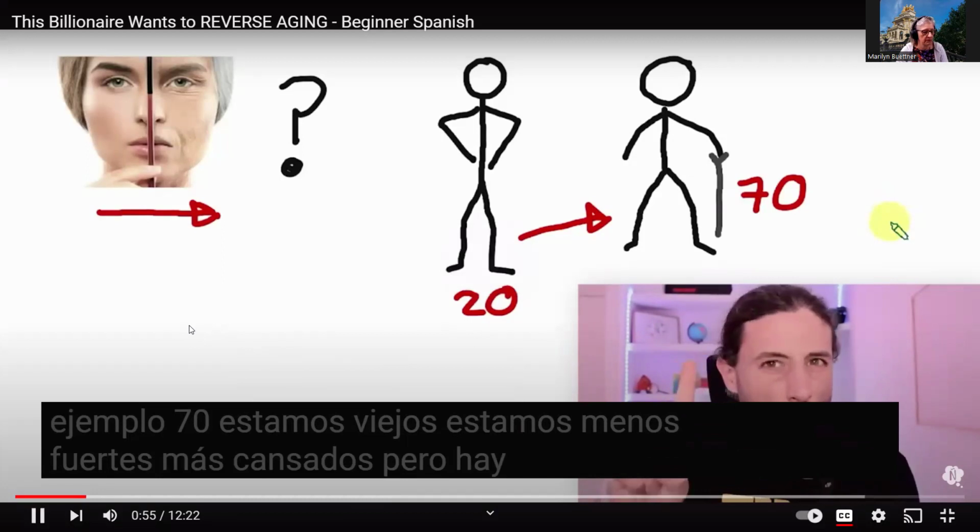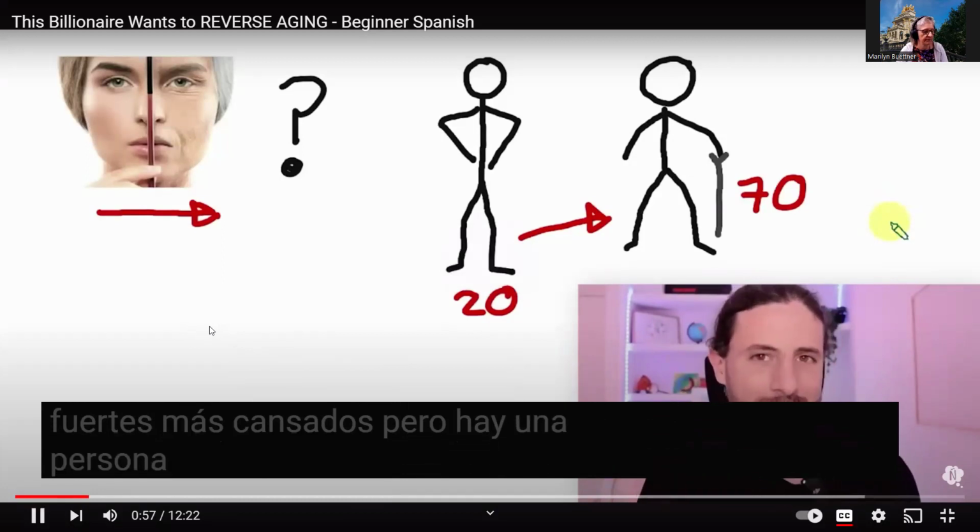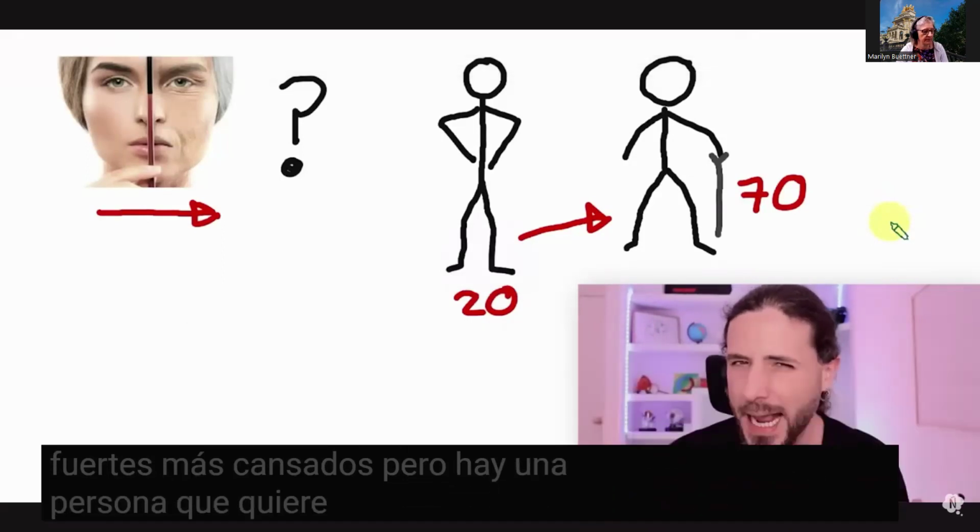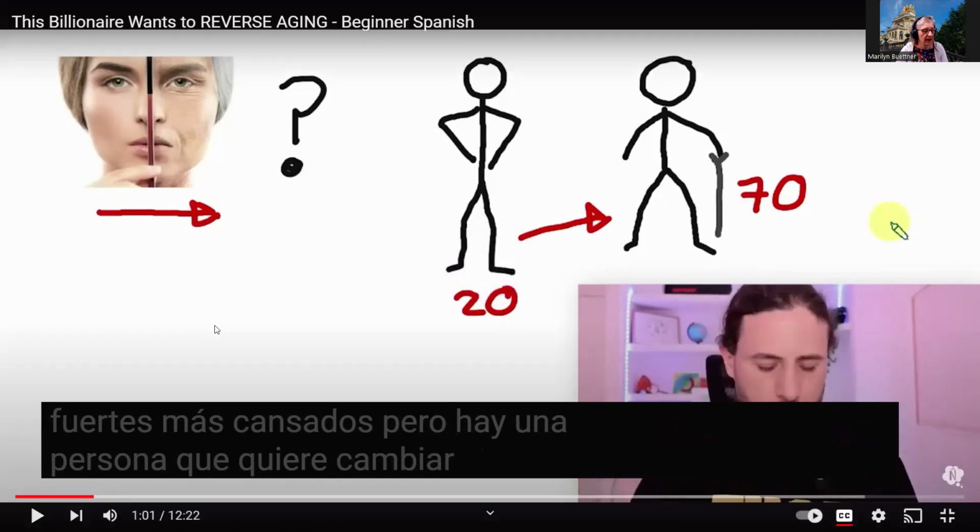Pero hay una persona que quiere cambiar esto. But there is, and here comes hay, our little verb we started with, there is. And he's saying, out there, this person exists.